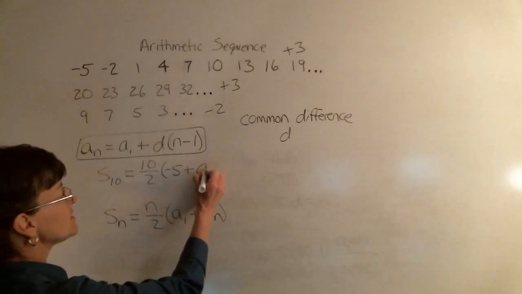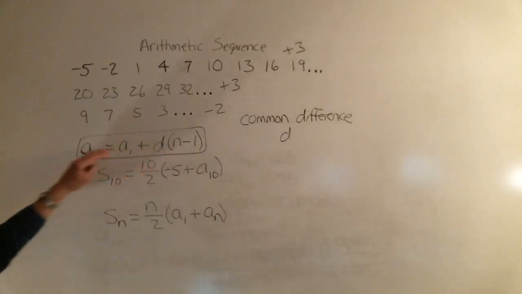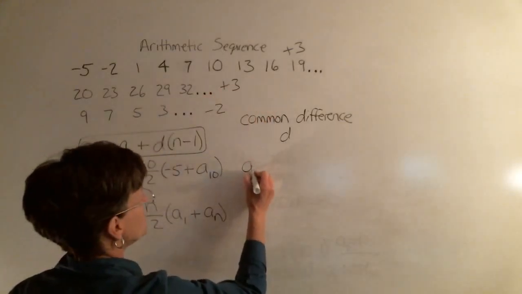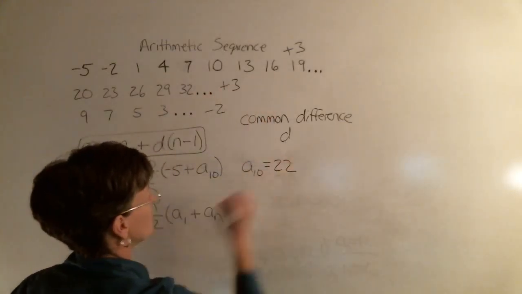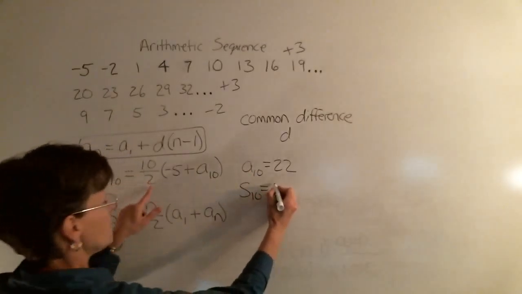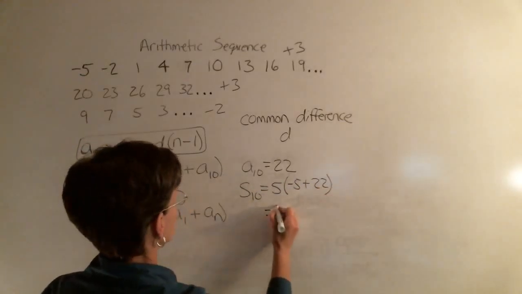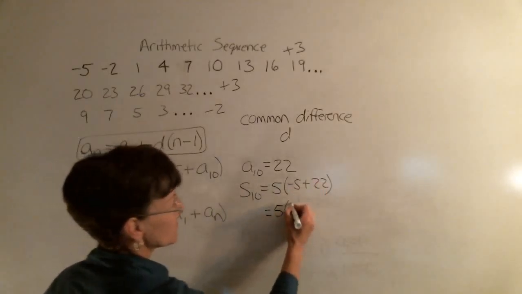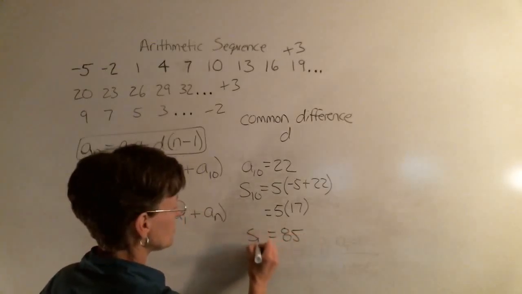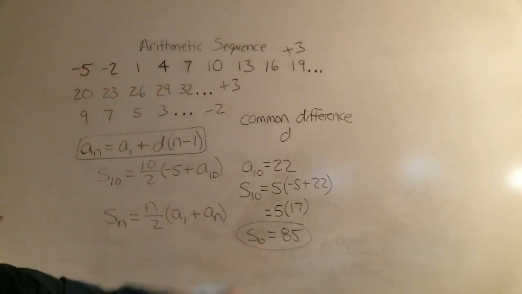I would need to find the 10th term, and we already said the 10th term here is 22. So I can put that in: S sub 10 equals 5 times negative 5 plus 22. 22 minus 5 is 17, and 5 times 17 is 85. So the sum of the first 10 terms in this first arithmetic sequence is 85.